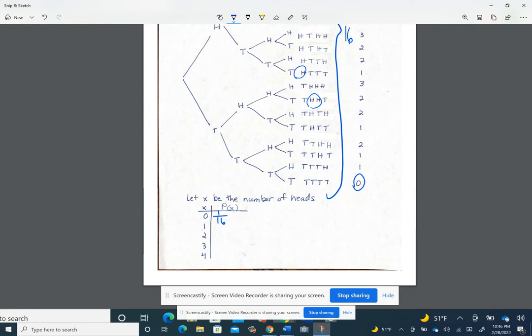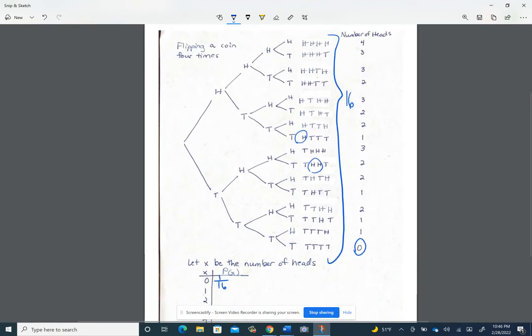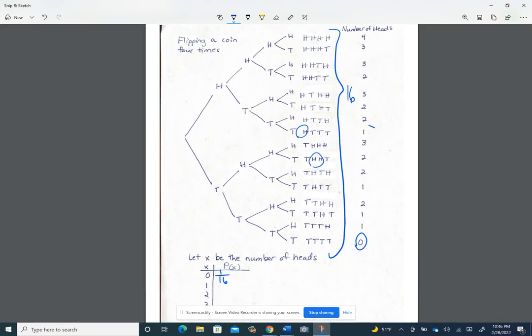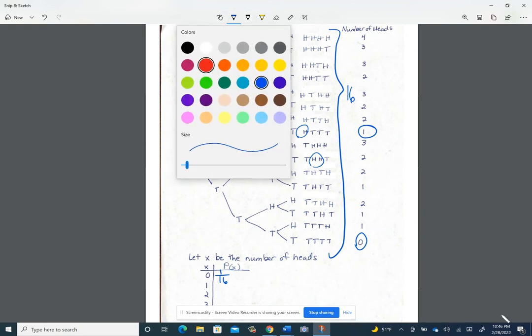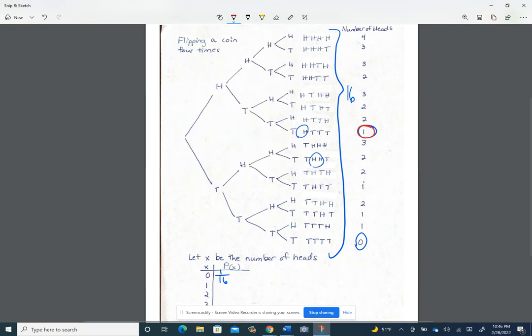And then to get 1 head, we can see here's 1. Let me do it in a different color. So here's 1. Here's another, and another. So there were 4 of those out of the 16 possibilities. So that turned out to be 1/4 when you simplify it.